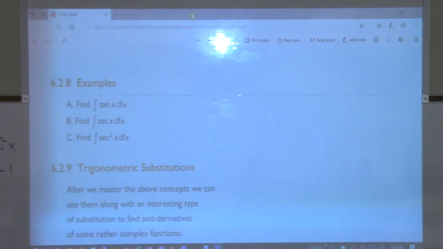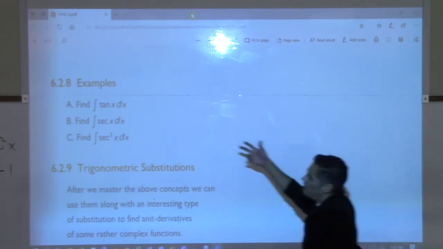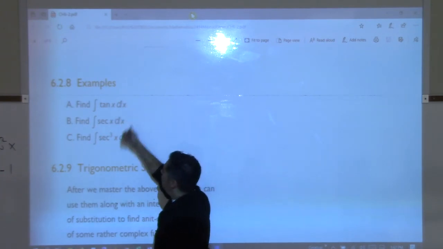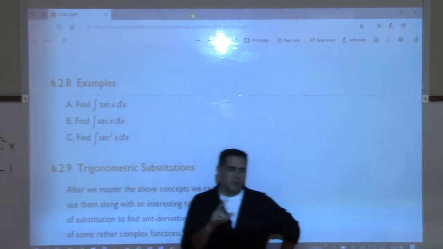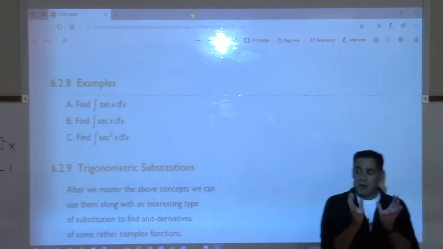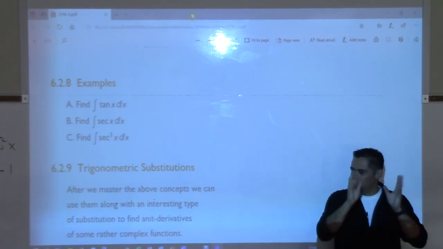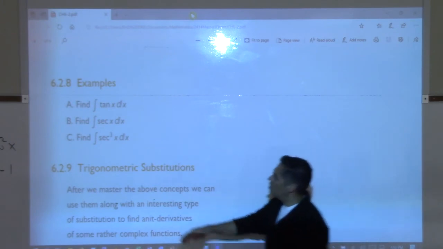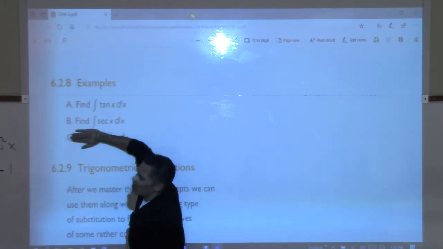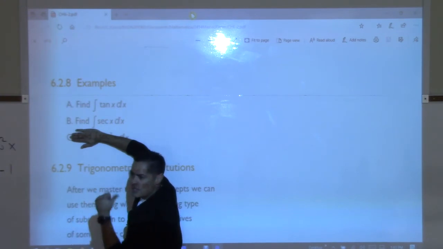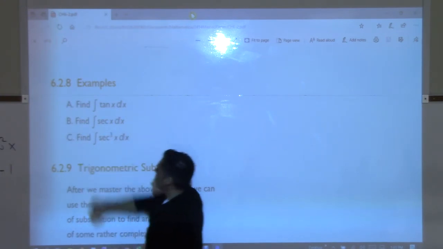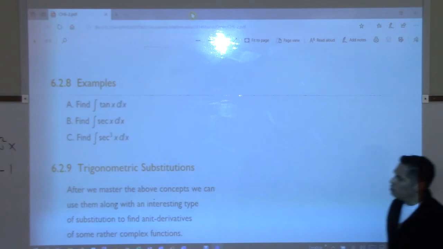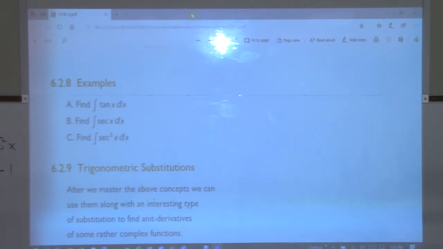I showed you how you can find the antiderivative of tangent by rewriting it as sine over cosine and then using basic u sub. And I did secant x by showing you this weird 1 that you multiply by, which you would never have come up with. If you look in your formula sheets, both of those are in there. The antiderivative of tangent is in your formula sheet, and the antiderivative of secant is in your formula sheet. Okay, so how about secant cubed? Let's try that one.